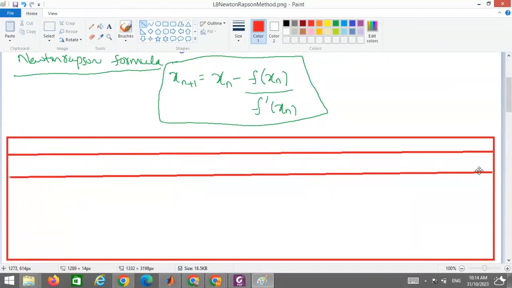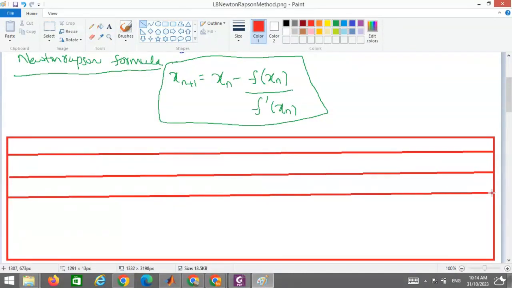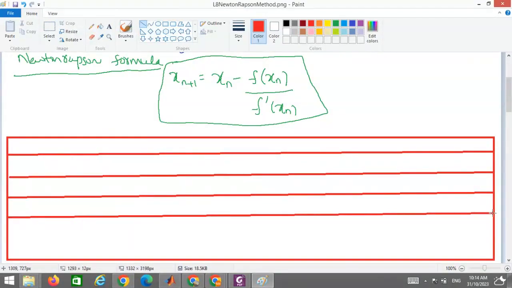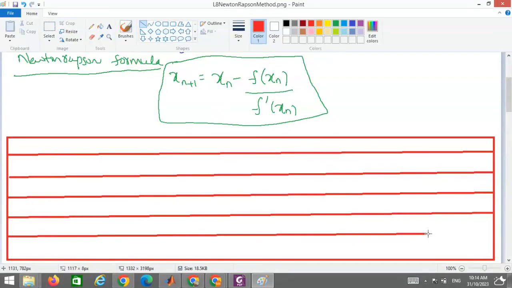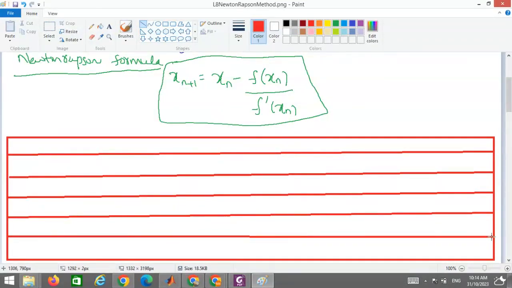Iteration number 1, iteration number 2, iteration number 3, and iteration number 4 and 5.